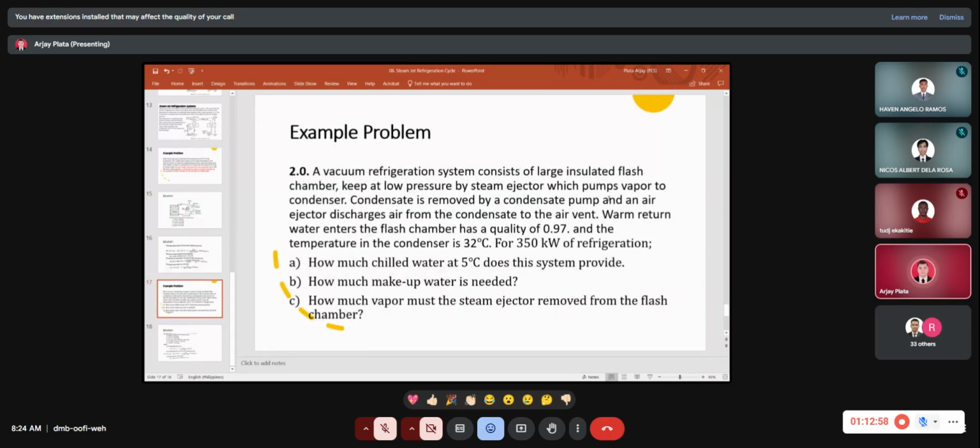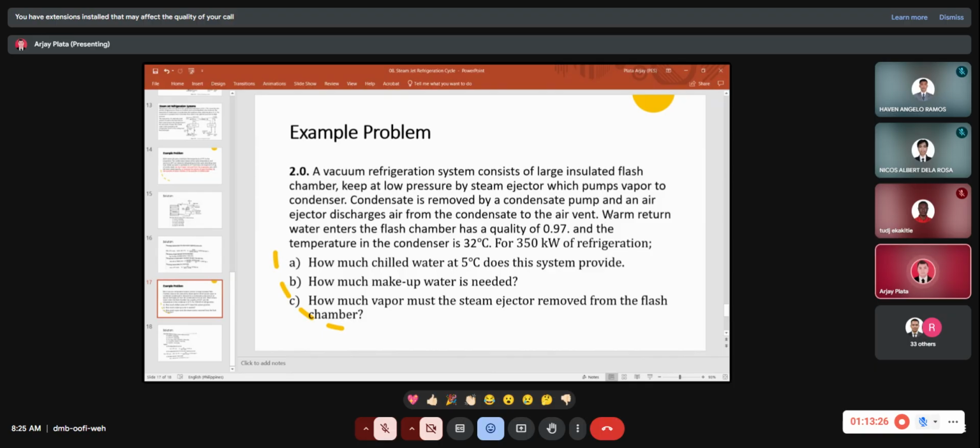And an air ejector discharges air from the condensate to the air vent. Ibig sabihin may air dito. So yung ating condenser, ang ginagamit niya na medium of cooling ay air instead of water. Tama ba? So I think, yeah.